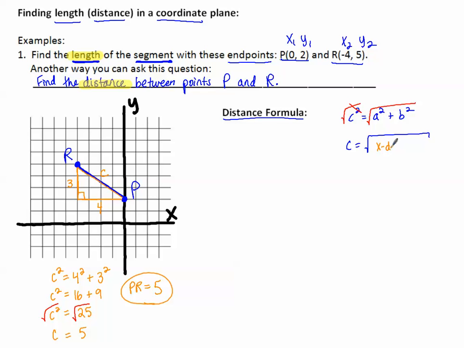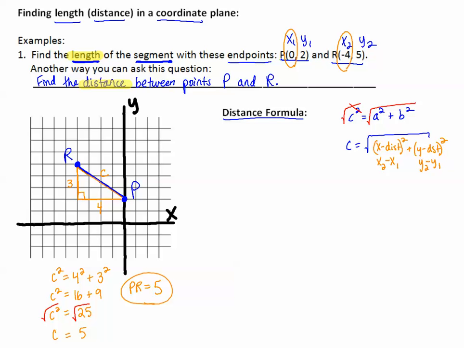I want to find my x distance, and then I want to square it. And I want to find the b, which is my y distance, and I want to square it. How do I find those distances? We subtract. Take the x's and subtract them. So ultimately, x distance will be x2 minus x1. Y distance will be y2 minus y1. Take the coordinates and subtract them.